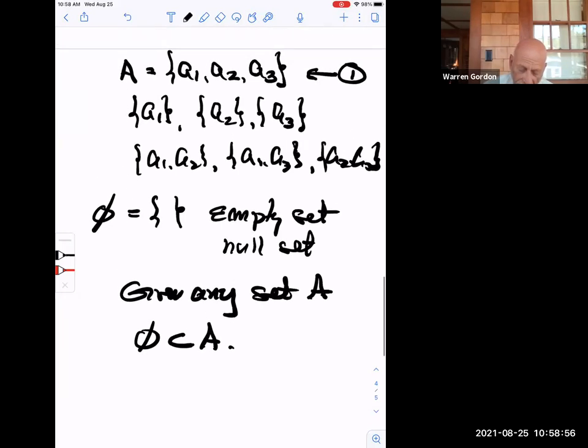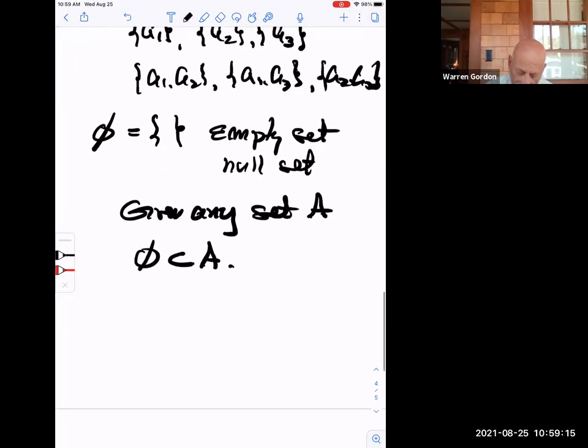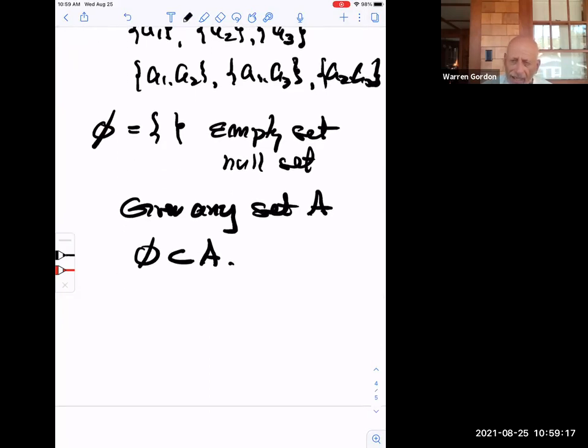So make an observation here. The set A had 3 elements in it, A1, A2, and A3, and has a total of 1, 2, 3, 4, 5, 6, 7, 8 subsets. Anybody know why it's 8?